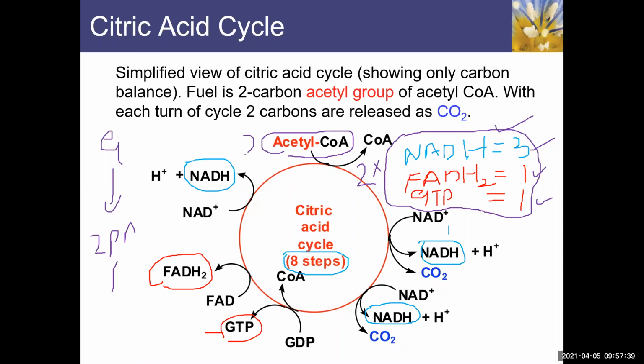That is why, remember, sometimes when a question is asked, read the question. Is it asking you per molecule of acetyl-CoA or for two molecules of acetyl-CoA? If it's not mentioned in the question, you have to always multiply by two, unless it's mentioned. So remember, it's two molecules that enter.